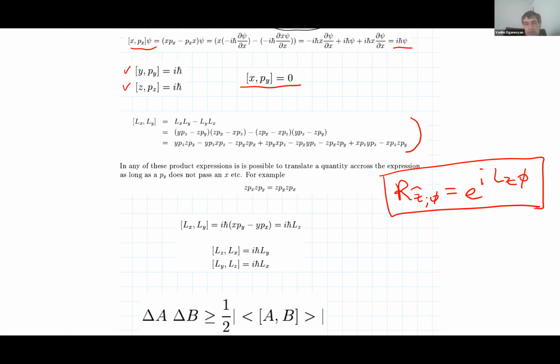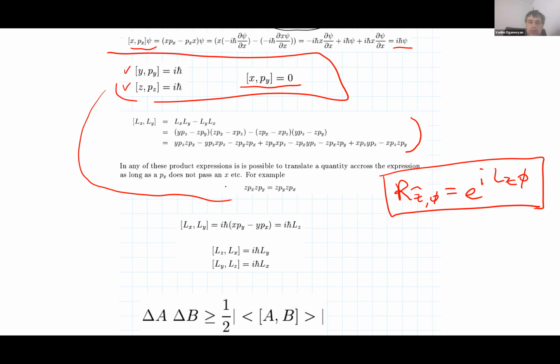To do this, you can just expand this out, and using these relationships, you can simplify. This is ugly, but this is beautiful. Wow. Okay.